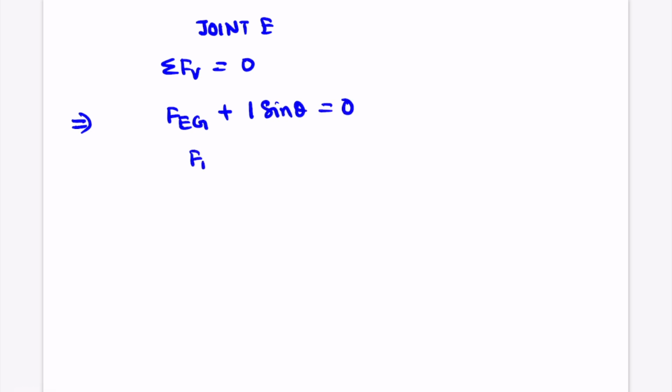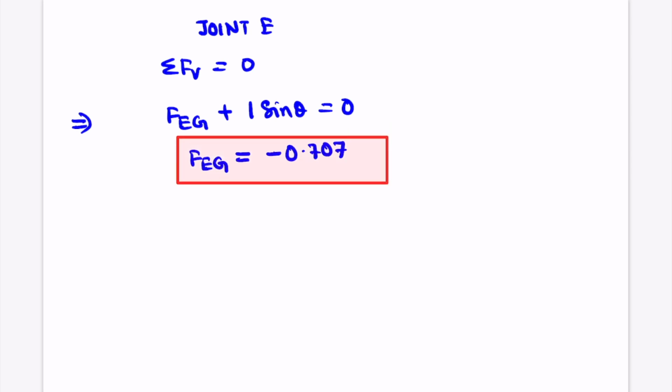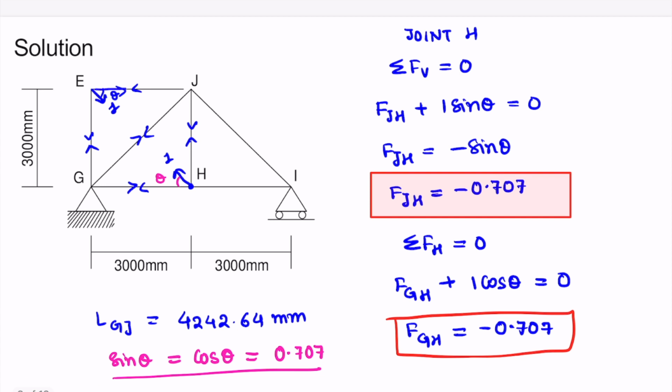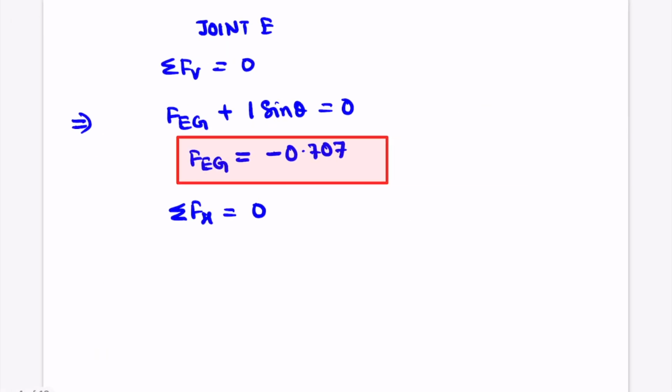This means that FEG is equal to minus sin theta, or minus 0.707. So we have calculated FEG. Now again we'll do summation of force in horizontal direction to be 0. From this we will get FEJ plus 1 cos theta equal to 0. From here also we get the value of FEJ as minus 0.707.